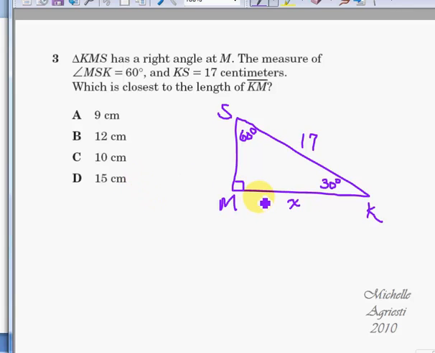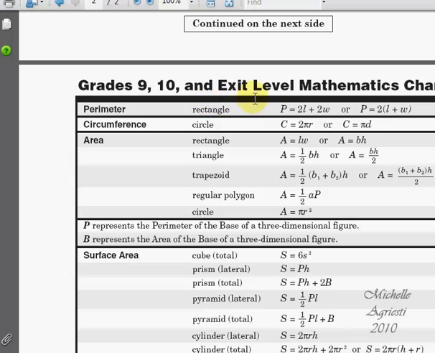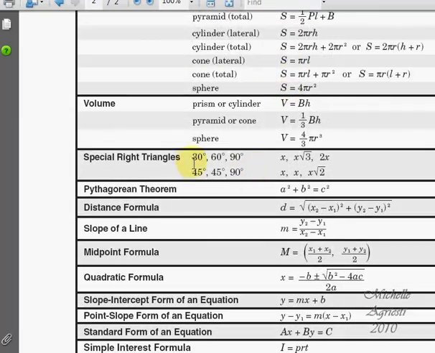Now, this is a special right triangle, the 30, 60, 90. So let's look at the formula chart. Here we have the formula chart, and we scroll down. Special right triangles right in here. Ours is a 30, 60, 90. So the side lengths are x, x square root of 3, and 2x.